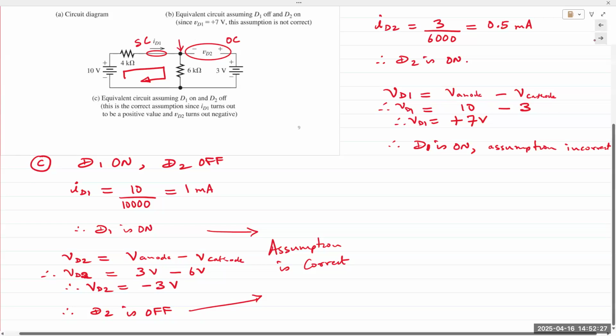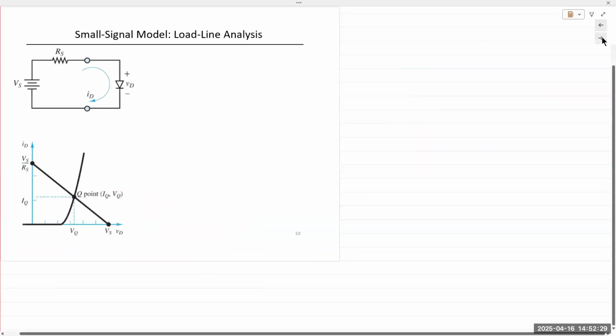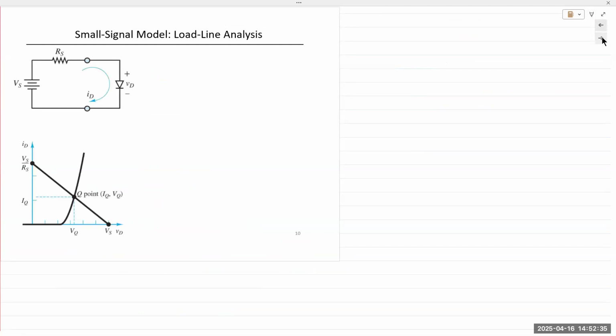Okay. So that was the ideal diode model. We have a couple of models for small signal analysis. In small signal analysis, what we do is we consider that we are applying an AC voltage that is small enough compared to the large signal DC bias.